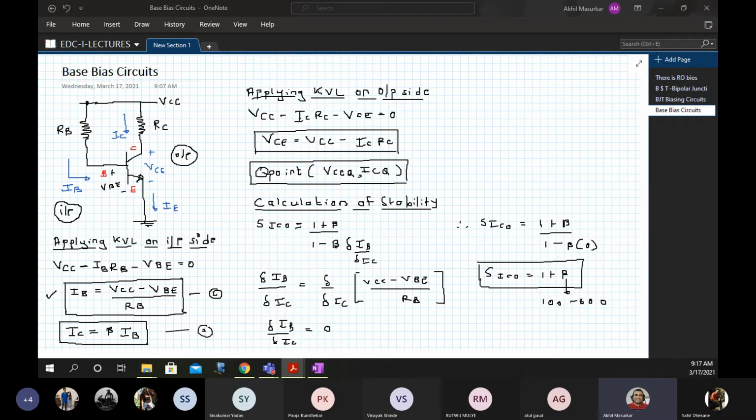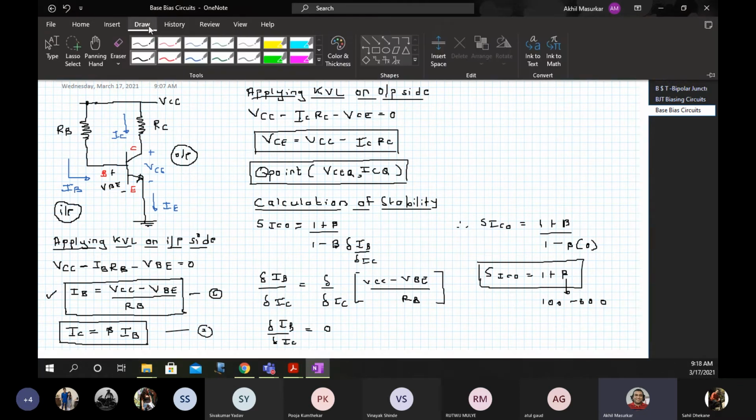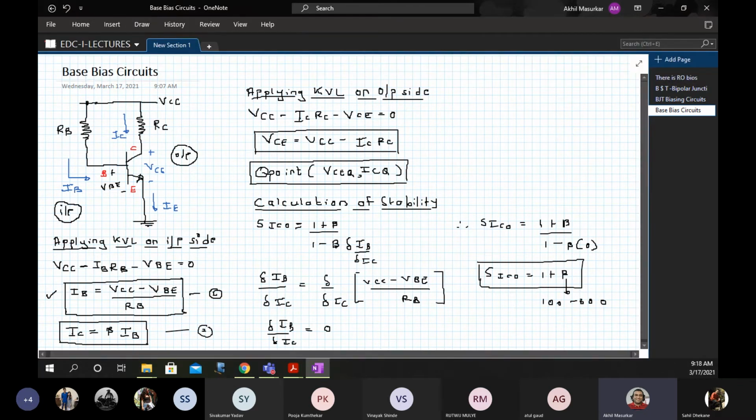Now, what we will do is a small problem to understand the actual parameters and how to actually calculate the Q point. So let us write VCC is 18 volts, RC is 2.2 kilo ohms, RB is, let us say, 470 kilo ohms.